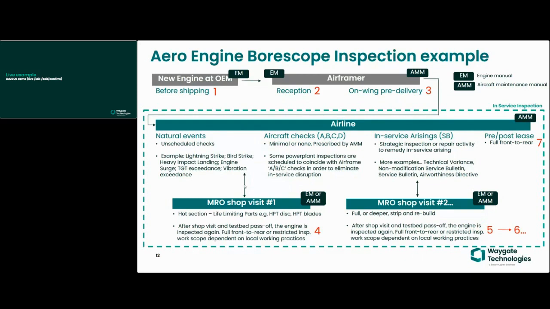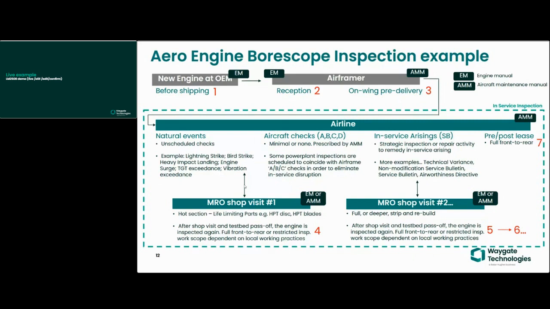And when in service, we understand that there are various events upon which subsequent inspections are done, most of which are planned. For instance, those that I've highlighted here as MRO, or maintenance, repair and overhaul shop visits. There are a number of shop visits across the life cycle of this type of industrial asset, the aero engine.